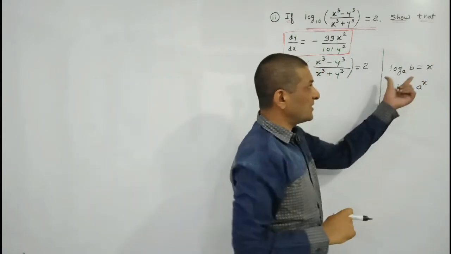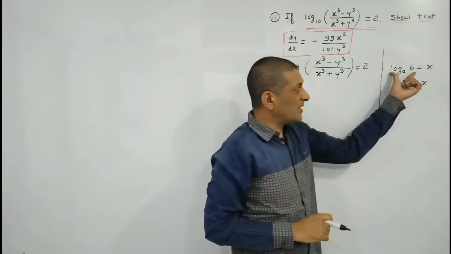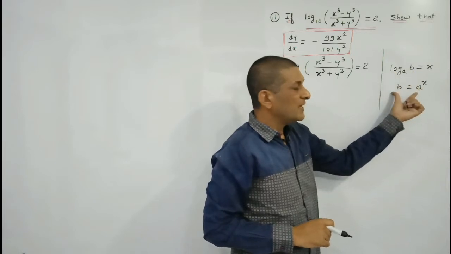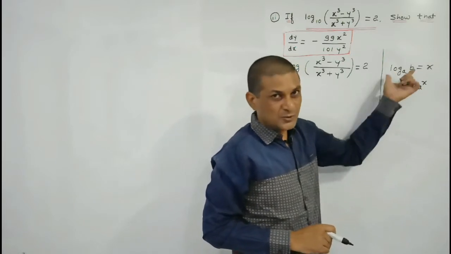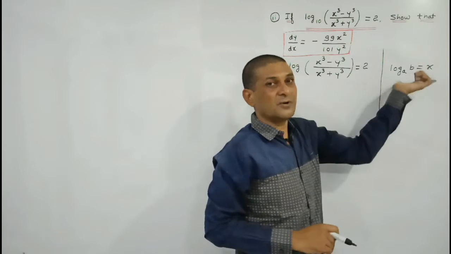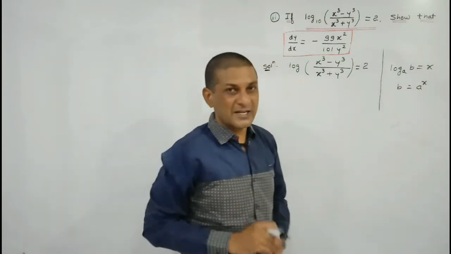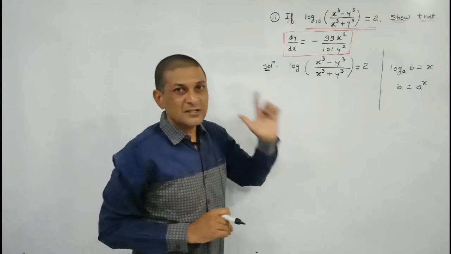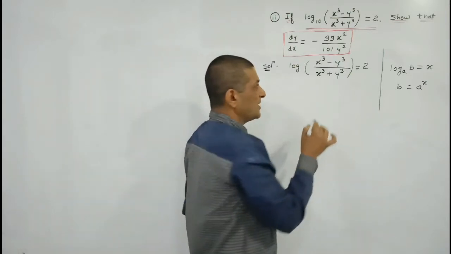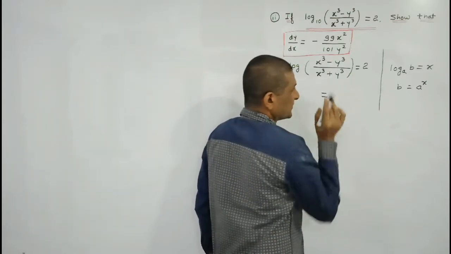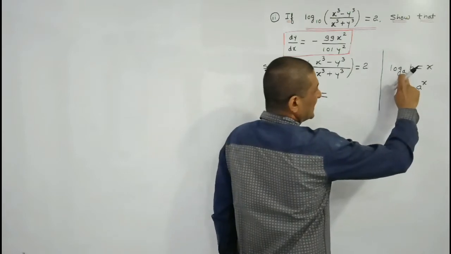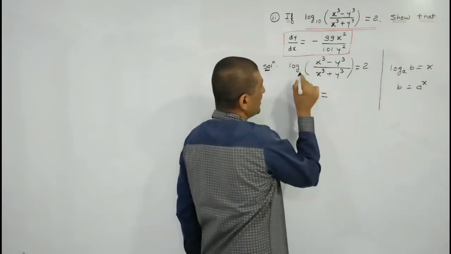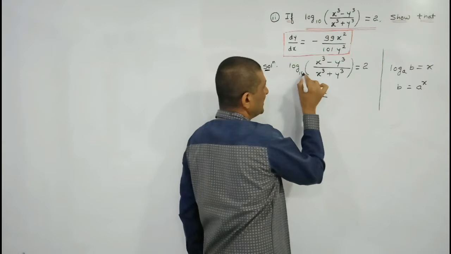Now using the definition of logarithmic function, logarithmic form can be converted into exponential form, or exponential form can be converted into logarithmic form. Here we are converting logarithmic form into exponential form, so what is base here? A. So here base is nothing but 10.